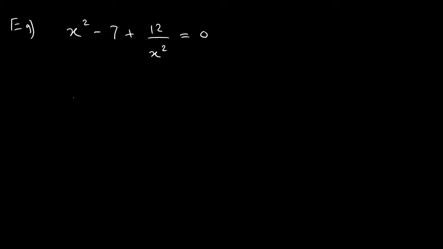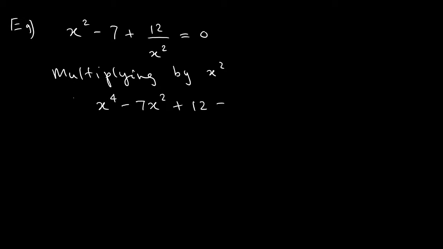This is also very similar. In this problem, you're going to multiply by x squared. Multiplying by x squared, you're going to get x to the 4th minus 7x squared plus 12 equals 0.